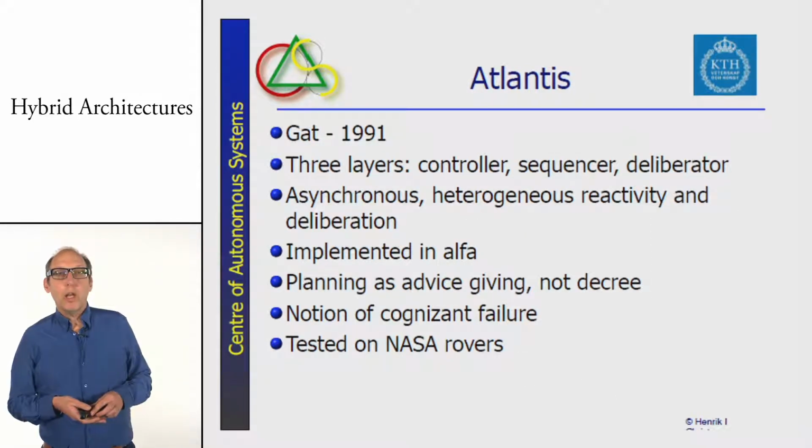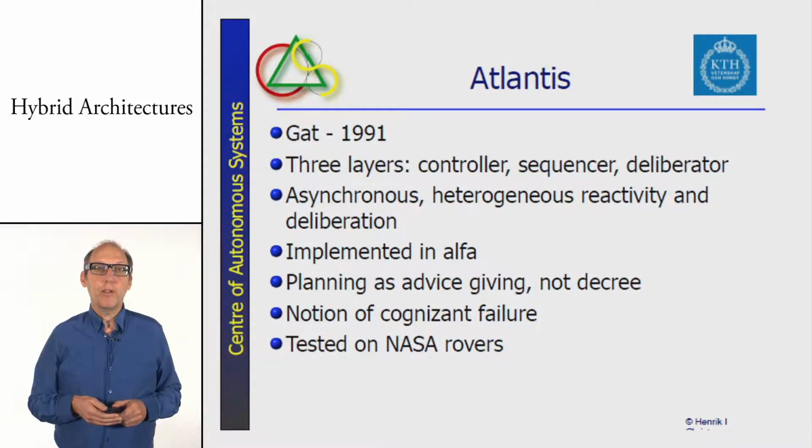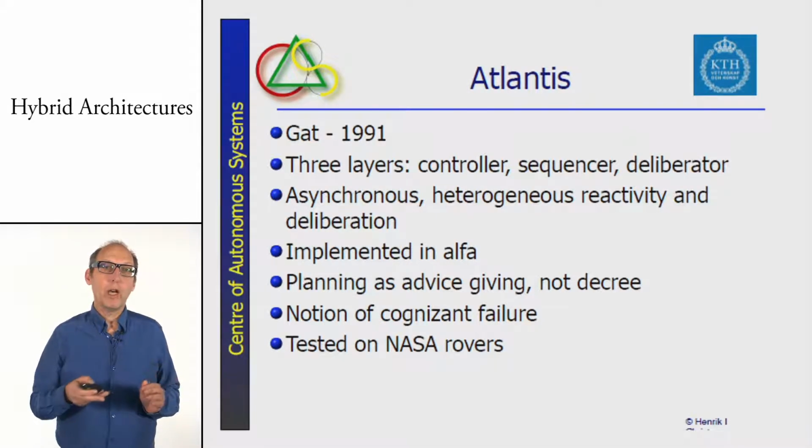So another example of a hybrid architecture is the one from Gat. Here you have the three layers: the controller, the sequencer, and the deliberator. And those are asynchronously coupled to each other, so there is no dependency on the timeline of the controller and the deliberator.